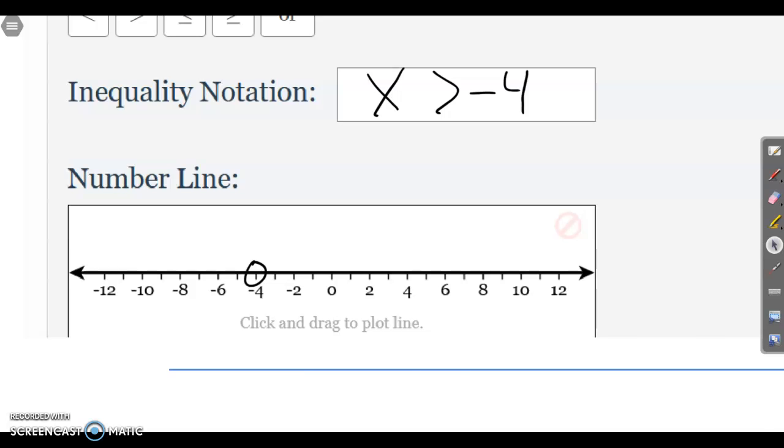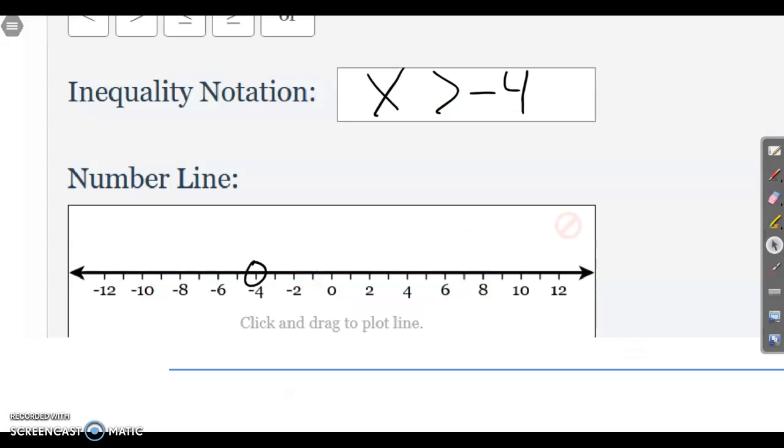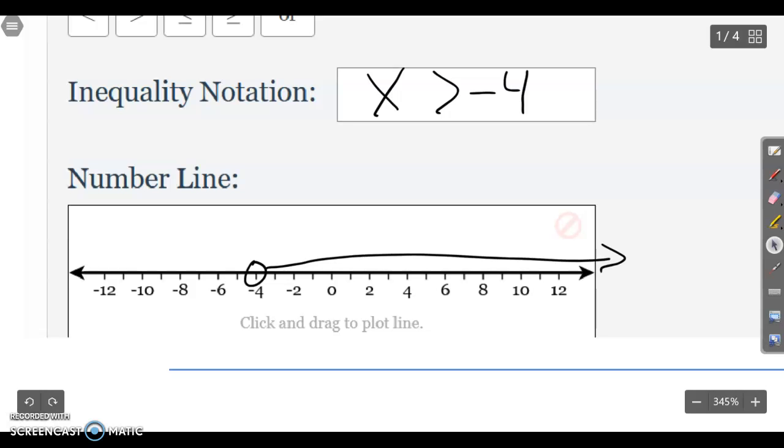And since it is greater than, an open circle, I'm going to leave it open and go up. Another way to remember that is that the arrow points the same way as the inequality. And that works if your variable is on the left side. Okay, so that's one example.